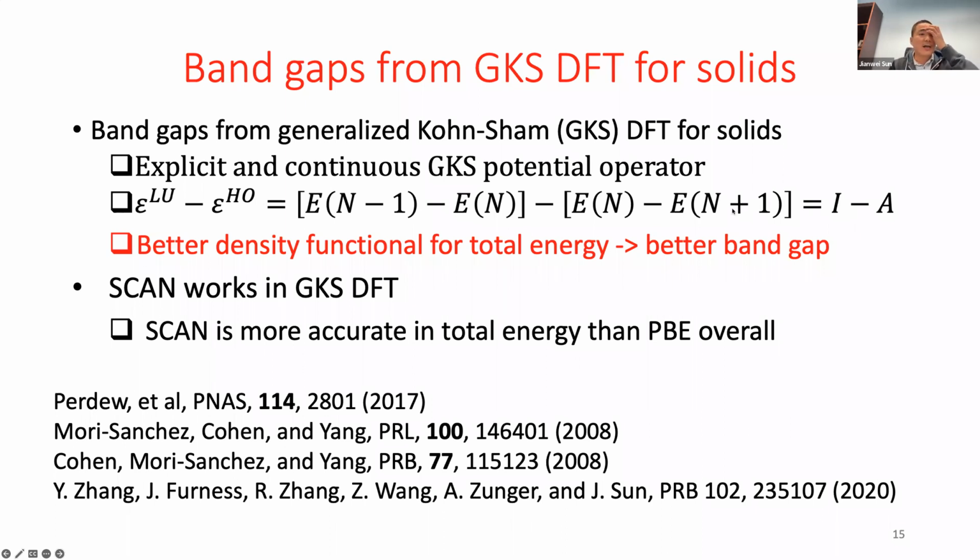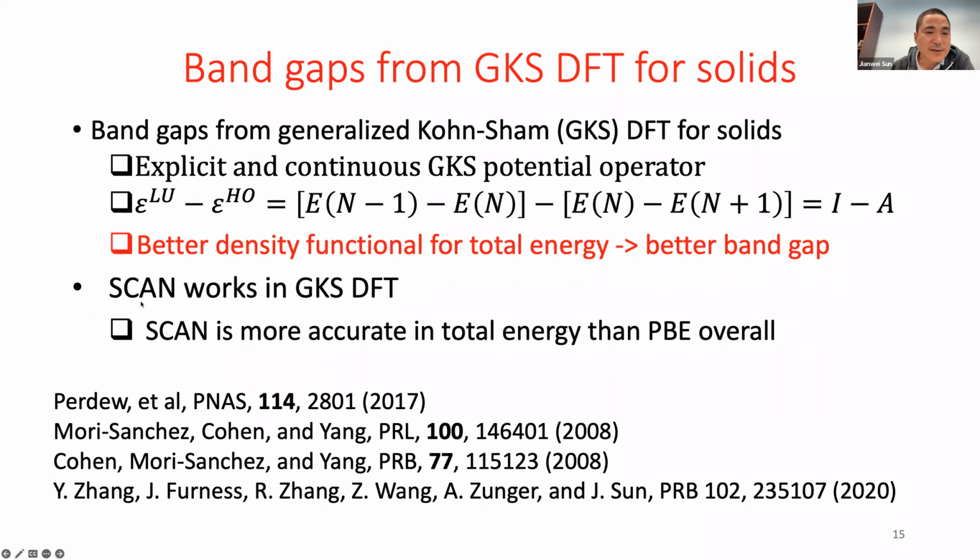That means if you have a better density functional for total energies, then you are supposed to get better band gaps from just a single-point generalized Kohn-Sham calculation using this orbital band gap.